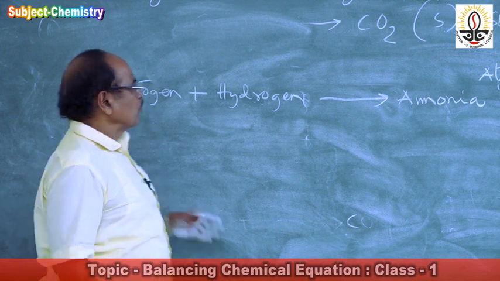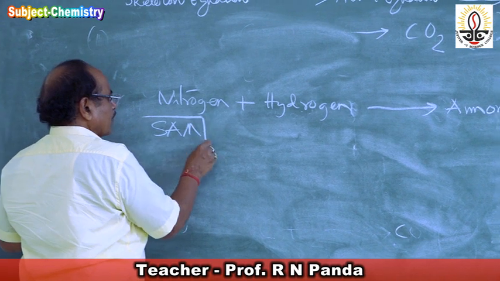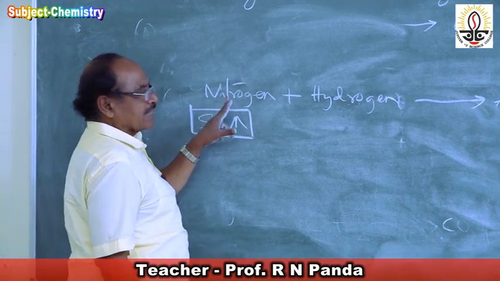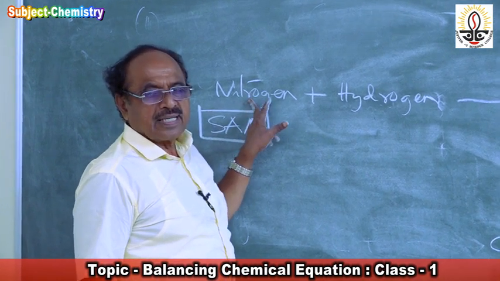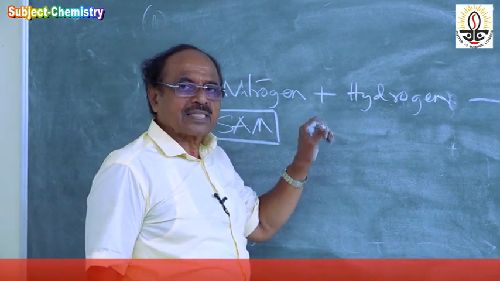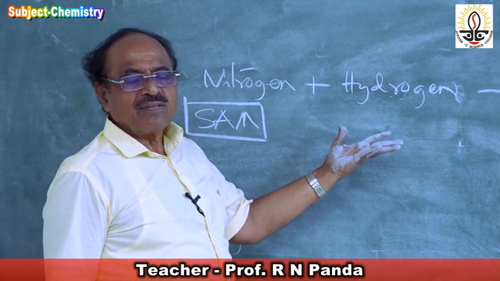What we do, we go by the SAM method. First we write the skeleton equation. What is a skeleton equation? It represents the reactants and the products by their chemical formulae.